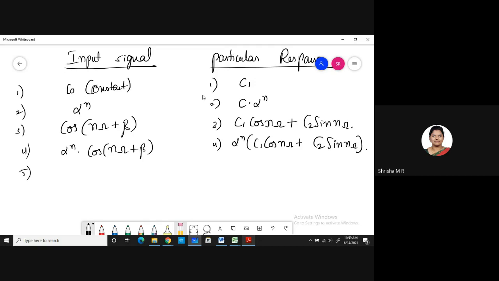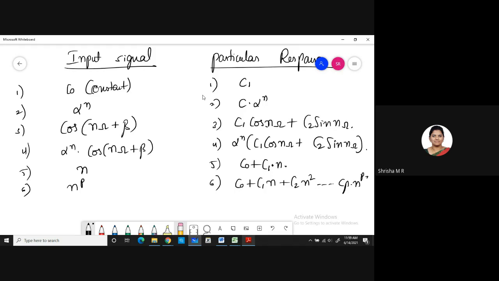Okay. So if your input signal is of the form n, the particular response will be of the form C0 plus C1 into n. It is the same as our differential case. Then if you have n to the power of p, the particular response structure will be C0 plus C1 into n plus C2 into n square up to Cp into n power p.